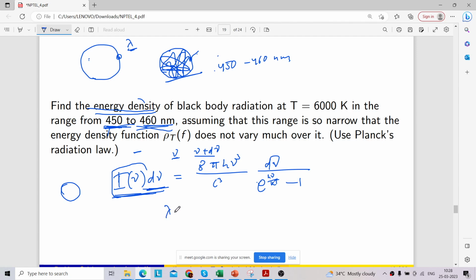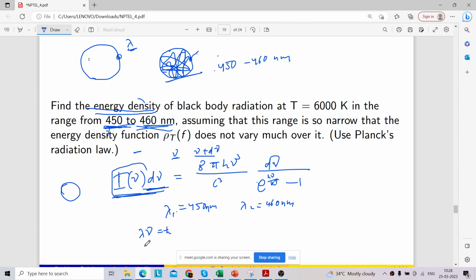We have some wavelengths ranging from 450 to 460. So let's assume lambda 1 is 450 nanometer and lambda 2 is 460 nanometer, and we have a formula in terms of frequencies, and we know the relation between frequency and wavelength, which is lambda nu is constant.